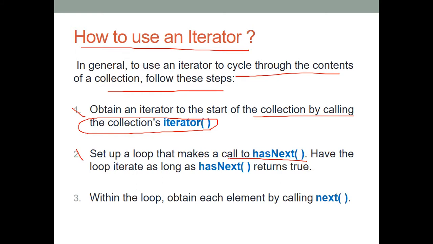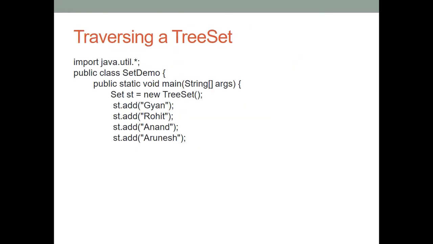The iterator has a method called hasNext, so put it in a while loop and call the iterator object's hasNext, and have the loop iterate as long as hasNext returns true. This method returns a boolean value, true or false. If it returns true, it means an object is available. If it returns false, it means an object is not available. Within the loop, obtain each element by calling next.